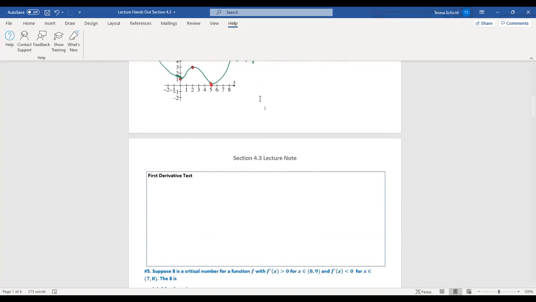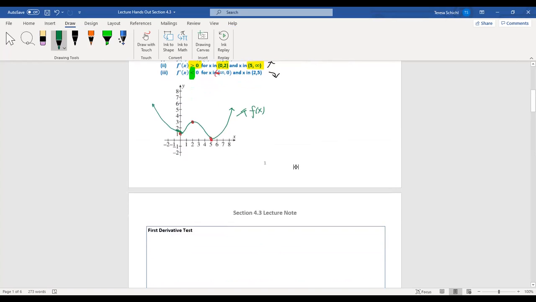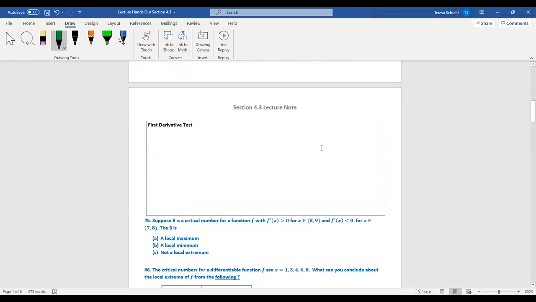Okay. So the next thing we're going to talk about is the first derivative test. What is the first derivative test? What's the purpose here?